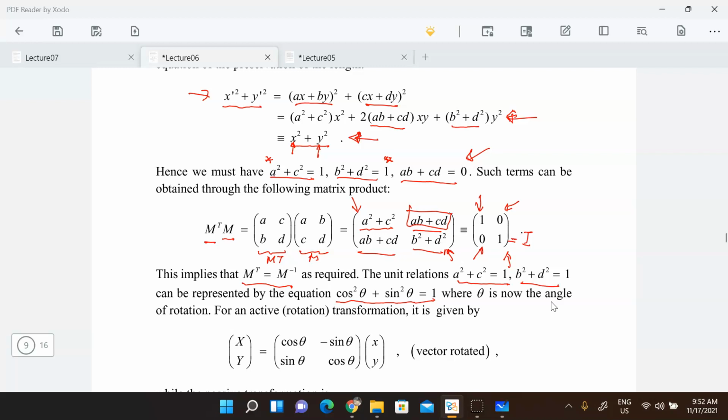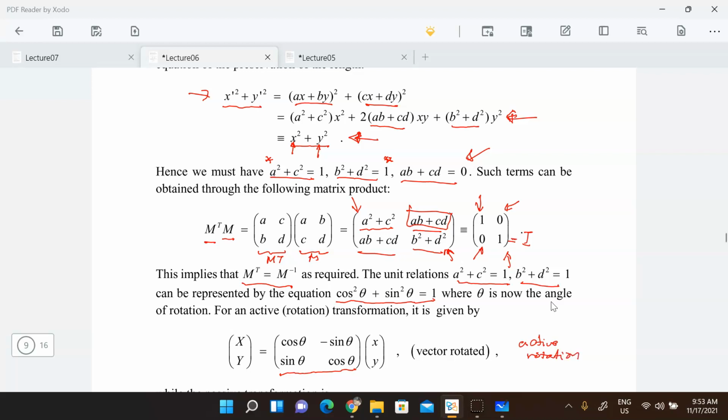Going back to the first picture, the active rotation, the rotation matrix will look like this, given that your A, B, C and D will be these cos and sine terms. So this is for active rotation.